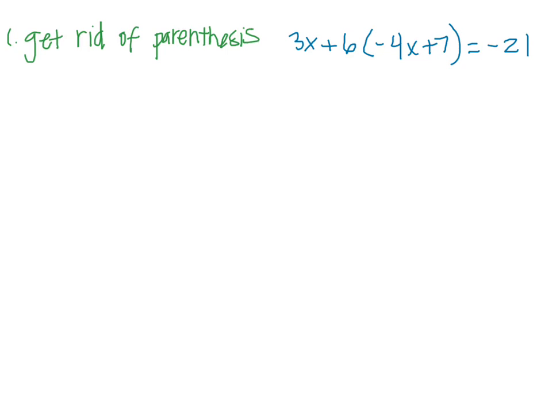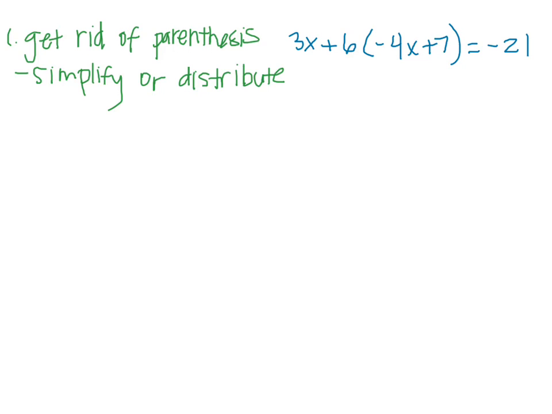And I can get rid of the parentheses by doing one of two things. You can either simplify. So if we had like 10 minus 6 inside the parentheses, that would be 4. Or we can use the distributive property. So distribute.